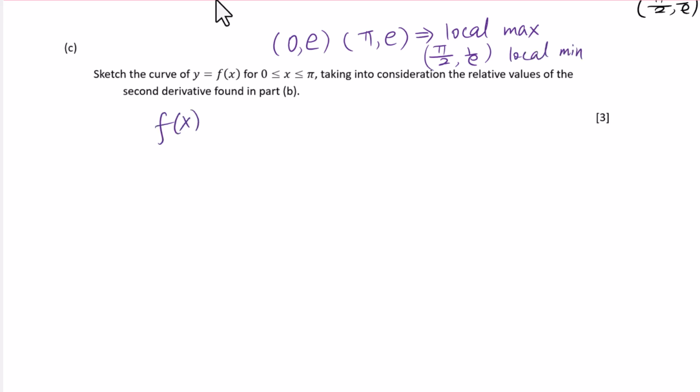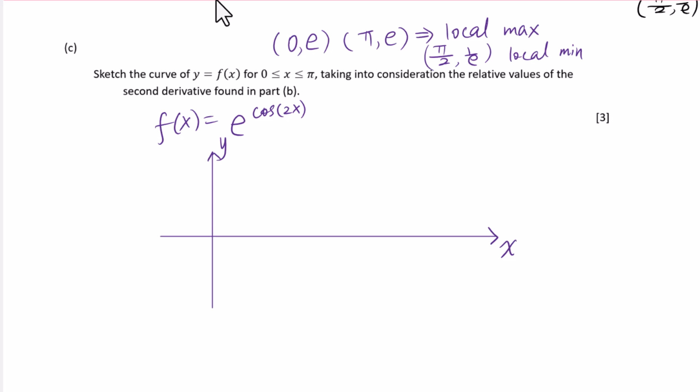F of x equals e to the power of cosine 2x. X, y, here is 0. Pi over 2, 1, 2, 3.